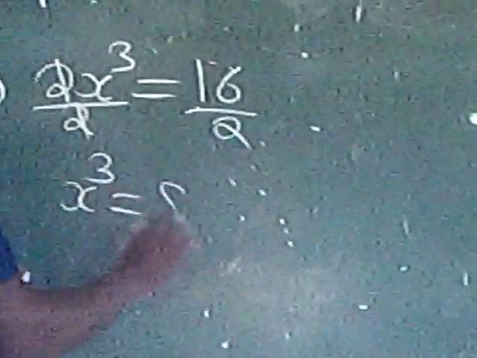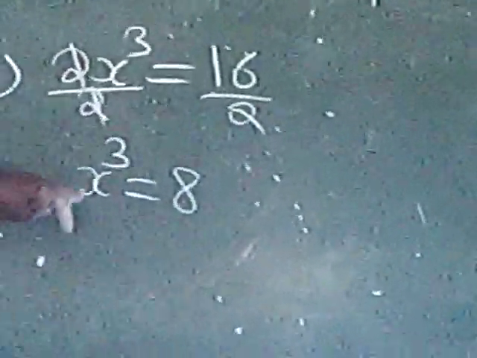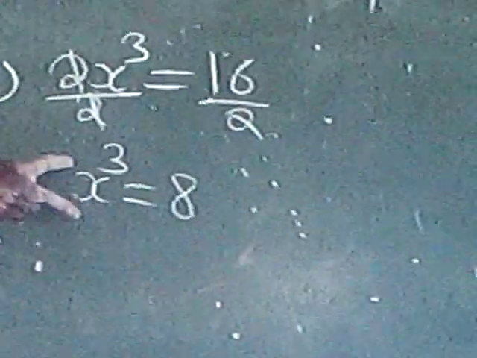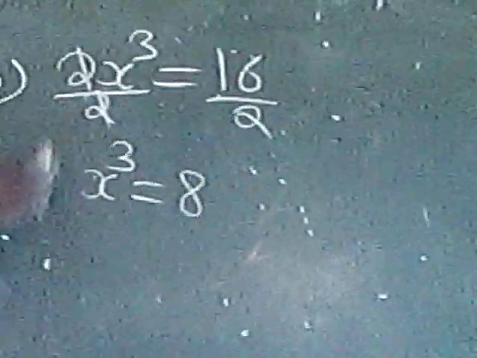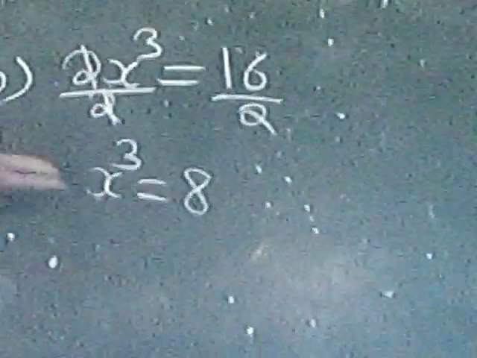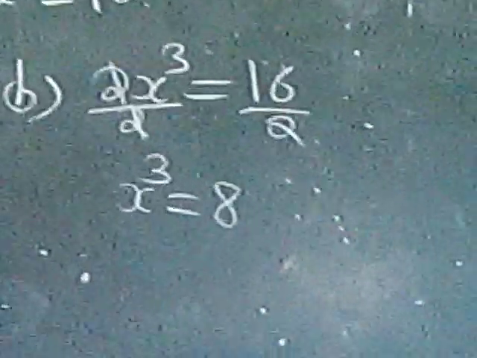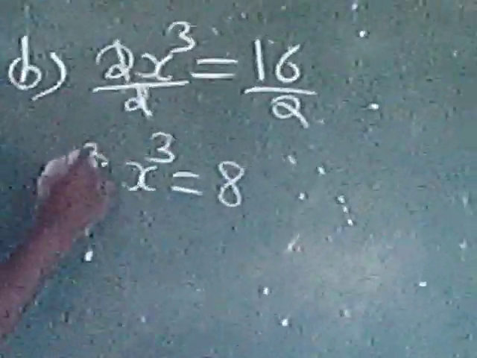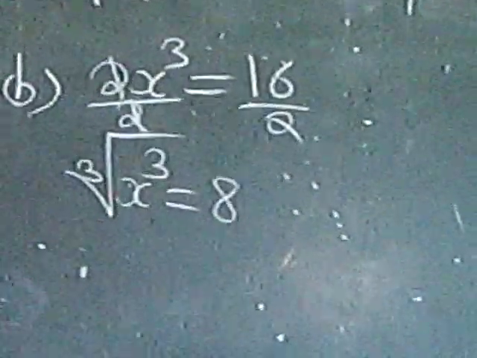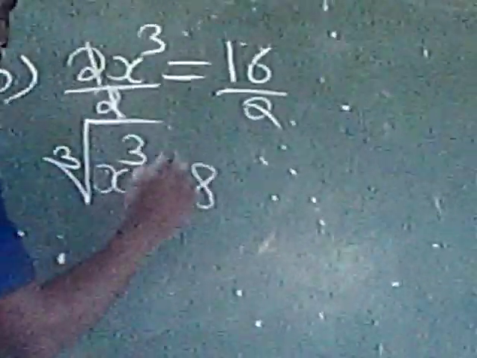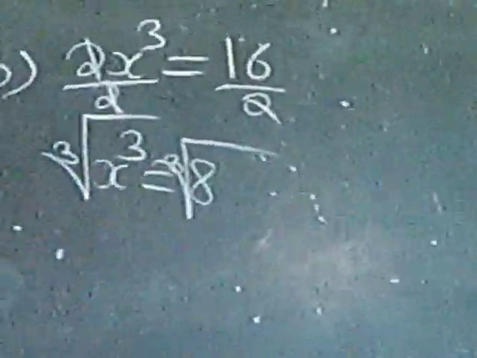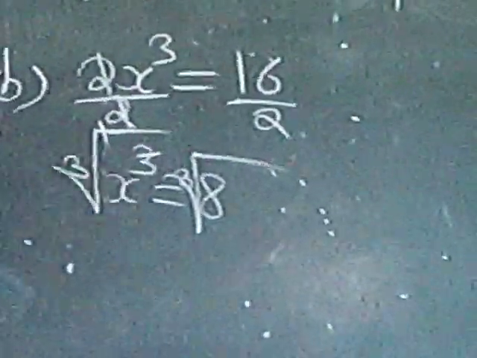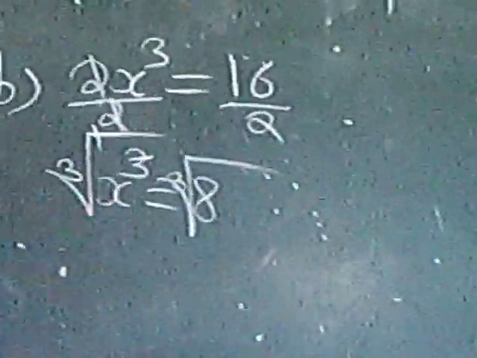It goes 8 times. At this point, you may express this one as the exponent, or you simply use the cube root. How do you use the cube root? Well, you use the cube root here, and also introduce the cube root on the other side. This cube root and this 3 will go. So then we have the x.